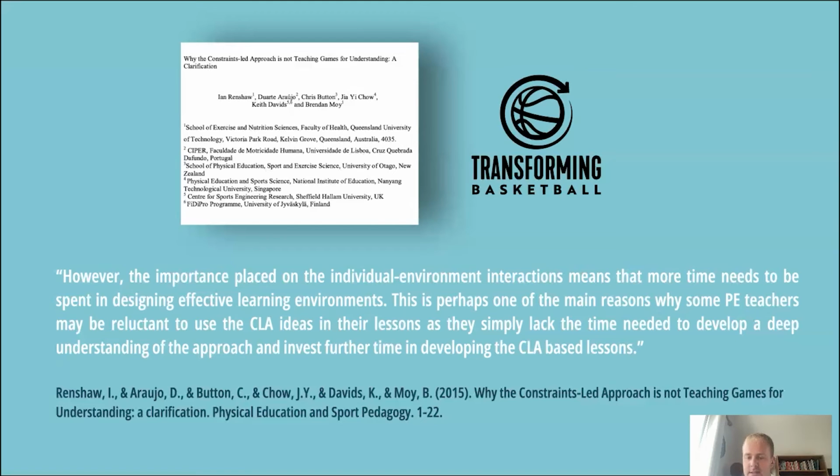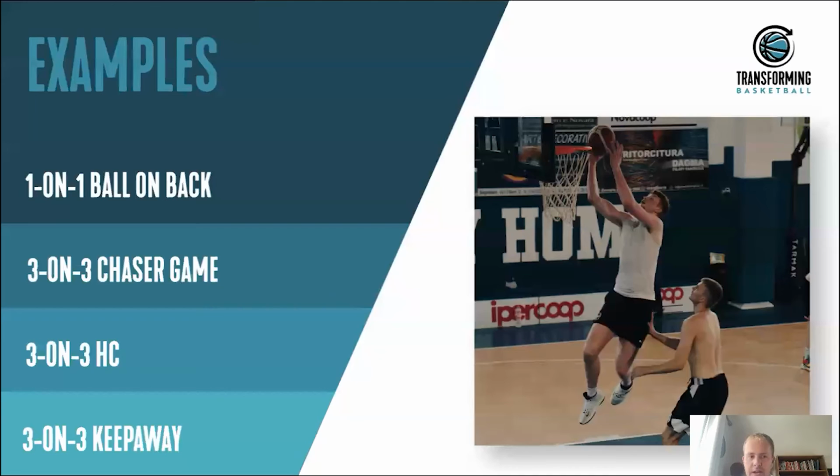For coaches who want to move from a games-based approach to the CLA, I'd say we've got to think deeply about the environment and what interactions we want to elicit through how we use these various constraint manipulations. So I want to get to a few examples of what everything I've mentioned so far looks like between a games approach and a CLA.